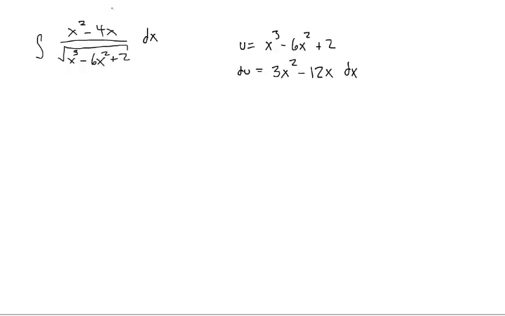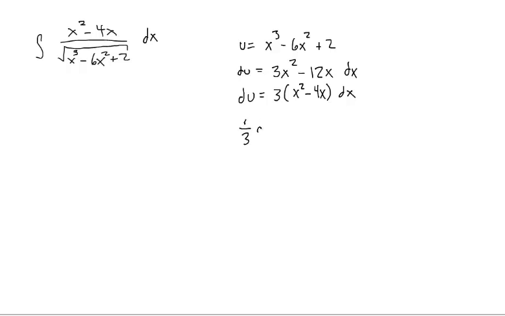And now, x squared minus 4x and 3x squared minus 12x aren't the same. So what I'm going to do is factor out a 3. So du is equal to 3 times (x squared minus 4x) dx. And then I'm going to move the 3 to the other side.